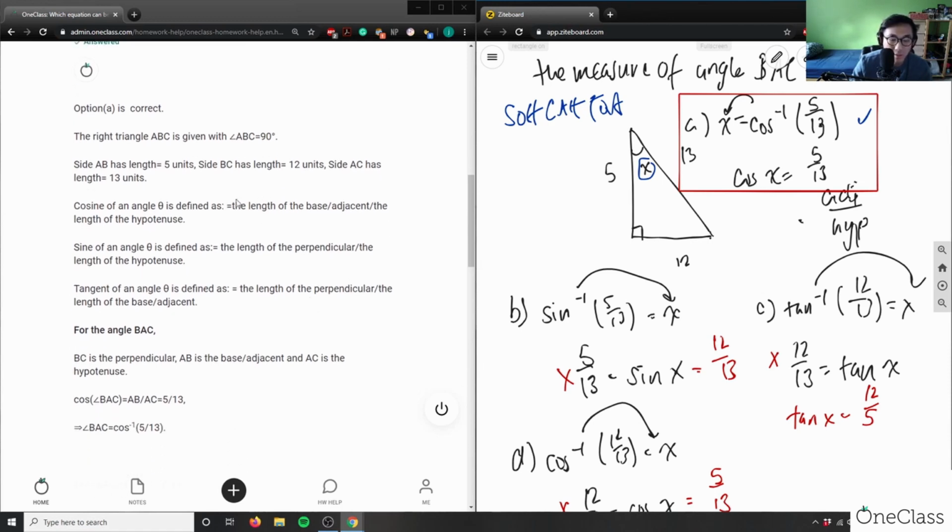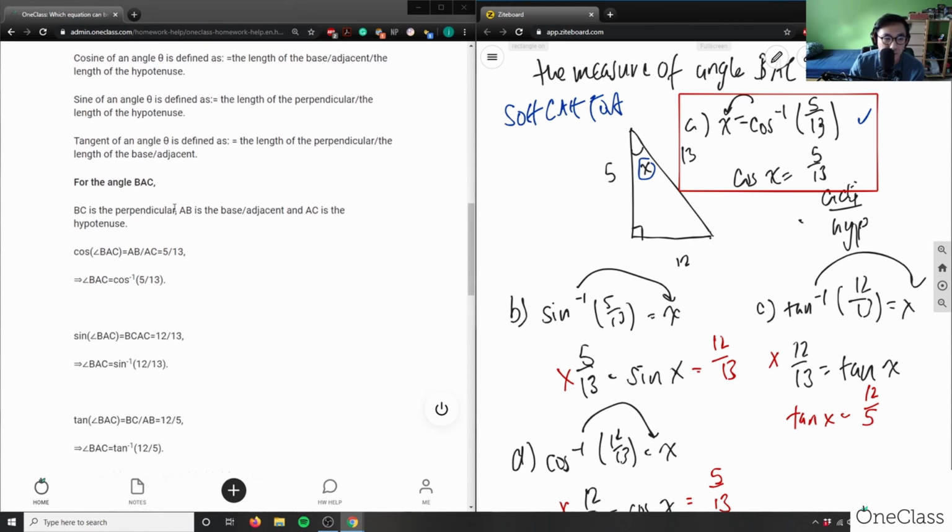Sine is the perpendicular over the hypotenuse, and tangent is the opposite over the adjacent. For BAC, BC is the perpendicular, 12. AB is the adjacent, which is 5, and AC is the hypotenuse.